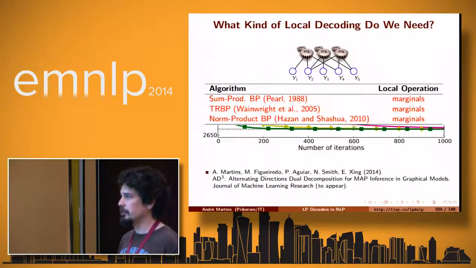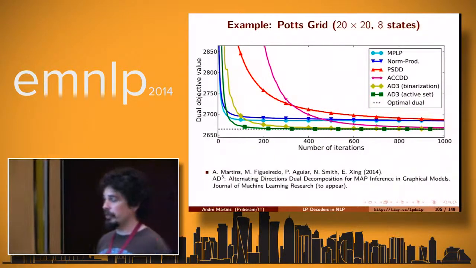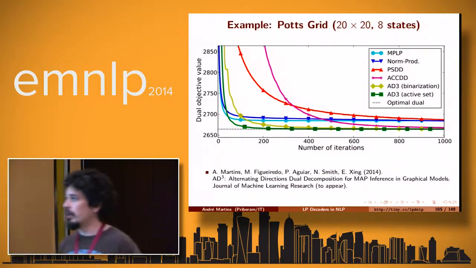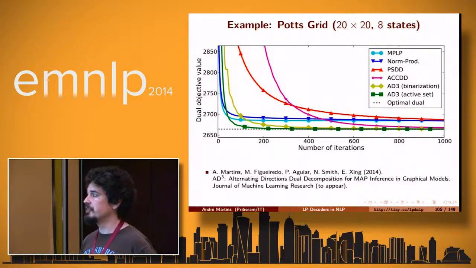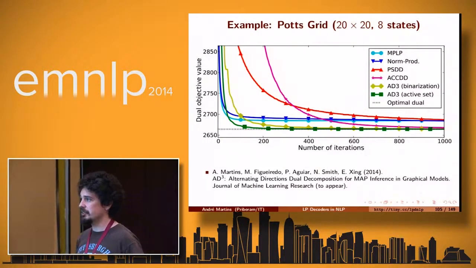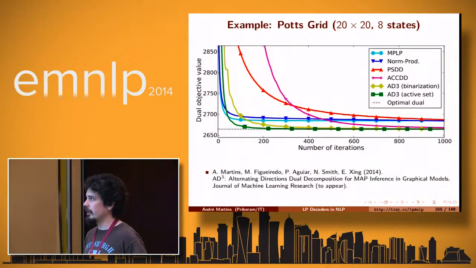And we are now going to show some plots where we compare some of these methods. So this is an example for a Potts grid. So this is a 20 by 20 grid, a pairwise Markov random field, where each variable can take 8 states. So this is a synthetic model. And we are comparing several of the algorithms that we have discussed.